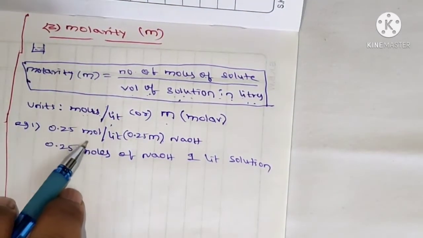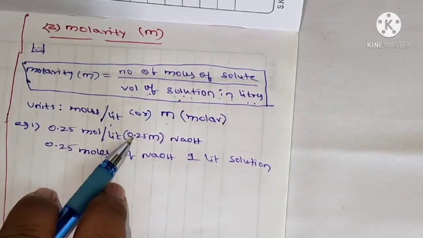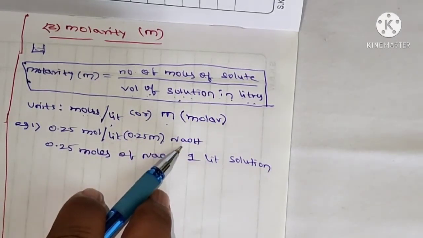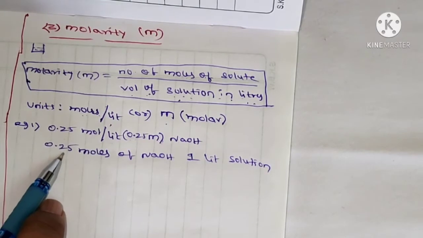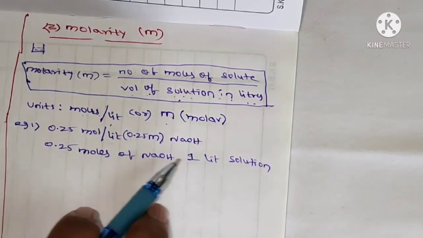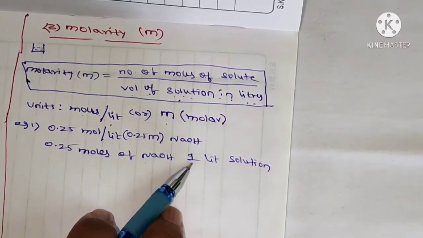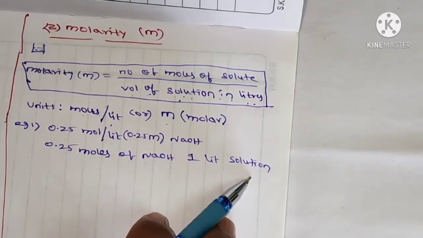So 0.25 moles per liter or 0.25 capital M NaOH is nothing but 0.25 moles of NaOH present in 1 liter of solution.